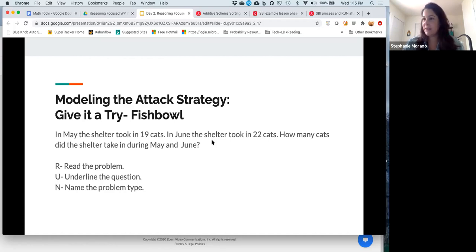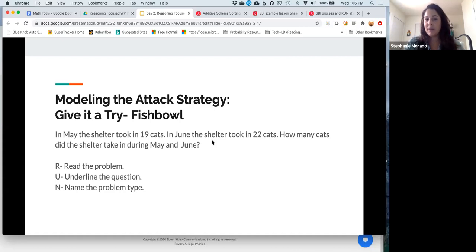We're going to go out into breakout rooms, and someone in the breakout room is going to volunteer to provide a model of how to teach students to use the ATTACK strategy. Again, run, read the problem, underline the question, and name the problem type for the problem that's on the screen here. In May, the shelter took in 19 cats. In June, the shelter took in 22 cats. How many cats did the shelter take in during May and June?